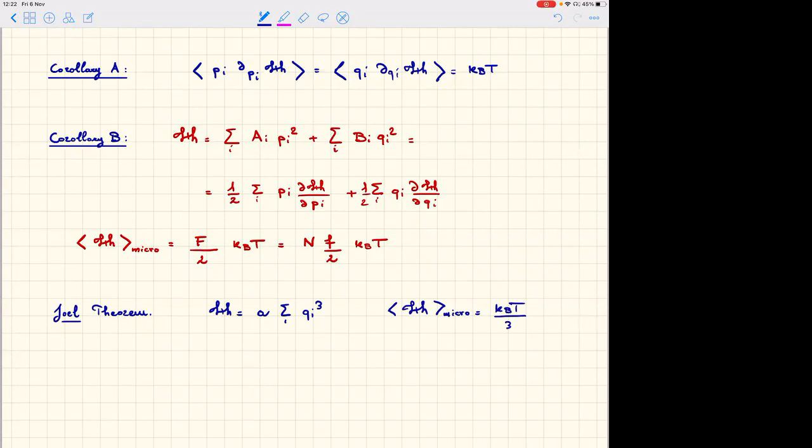Now, why did I say before that, strictly speaking, the real applicability of the equipartition theorem is limited to non-interacting systems? Well, the reason is very simple: in physics, the kinetic term is quadratic. The potential term in the Hamiltonian can be whatever you want. You can have a cubic term, a quartic, something very complicated and nonlinear. It doesn't really matter. But the kinetic term is always p squared over 2m, right?